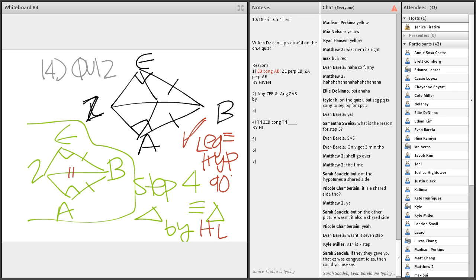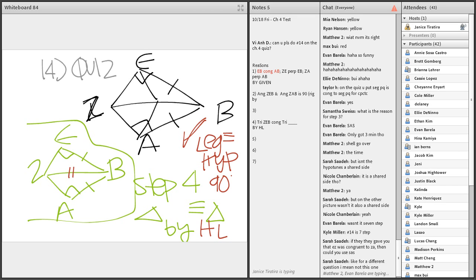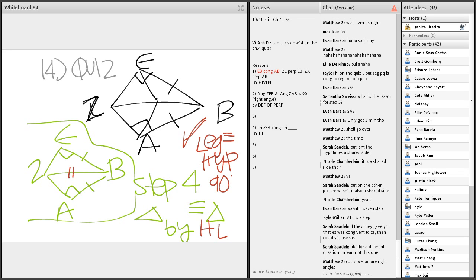It is 90, or you can say right angles by definition of perpendicular. Okay, that could be step 3. The reason I didn't want to write congruent is because I'm trying to use HL. So this is the 90 degrees. I'm going to color coordinate. So far I've got 2 out of 3 things on my checklist.